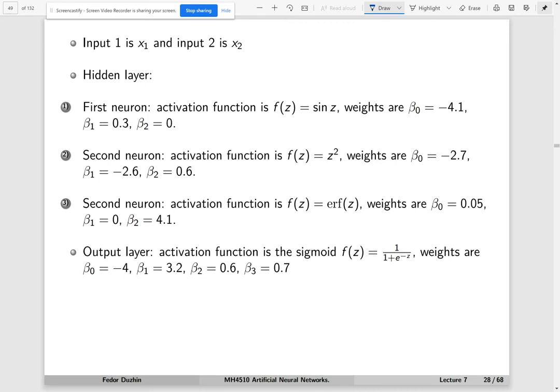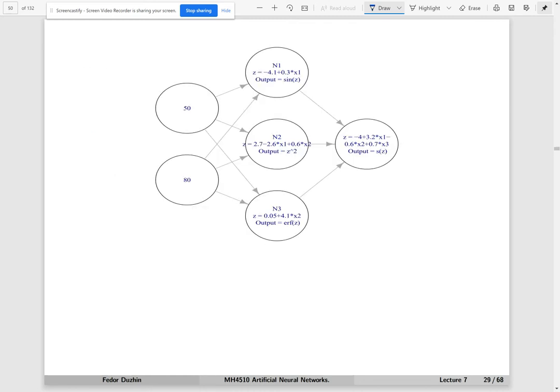This is why the output layer has 3 betas, not 2 betas like the hidden layer, but 3 betas, because it has 3 inputs. So the number of inputs in the output layer is 3: 1, 2, 3. In order to be consistent, it must have 3 betas.